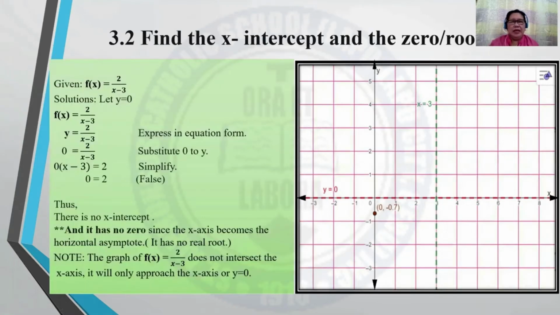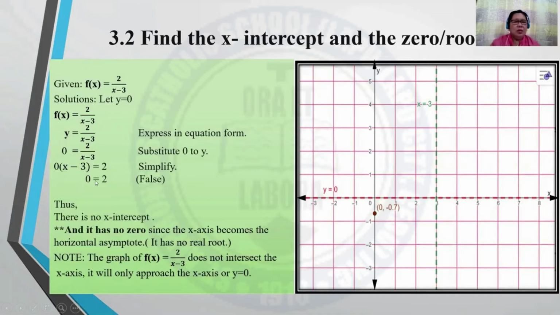3.2, find the x-intercept as well as the 0 or the root. So you have to let y is equal to 0. By this time, changing f of x into y and change it to 0, once you cross multiply, you will have 0 times the quantity x minus 3 is equal to 2.